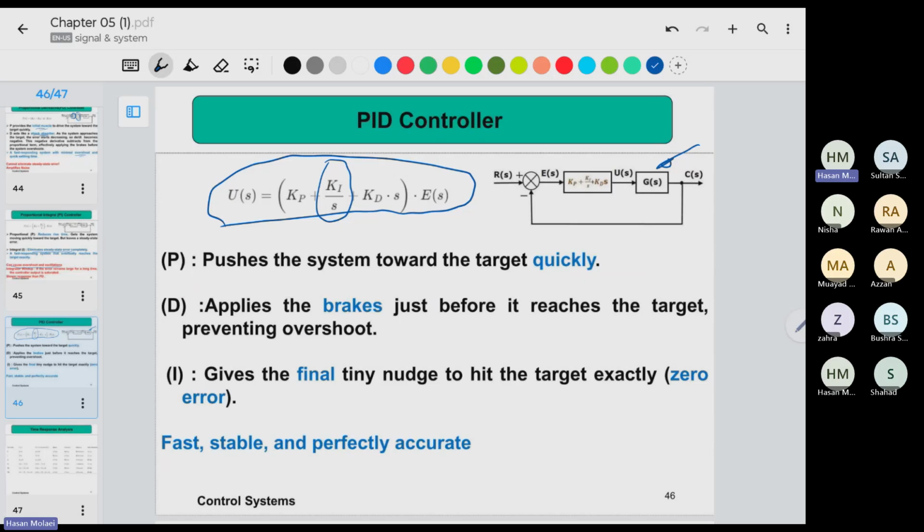Because the transfer function of the G(s) already has it. So depending on the input you want to follow, you might design these coefficients and variables to get the best performance you want. You want to make it quick, you don't want too much overshoot, you can control all of these things.